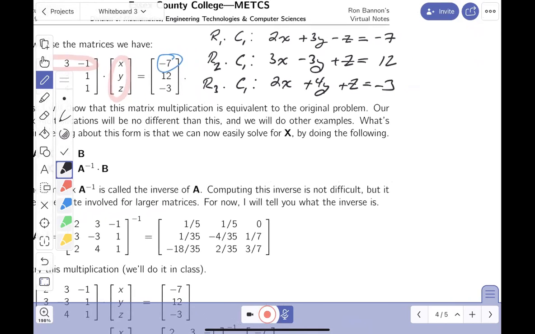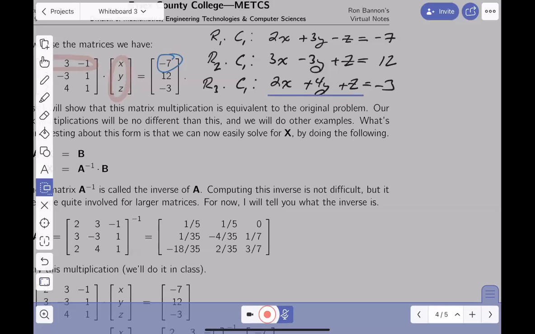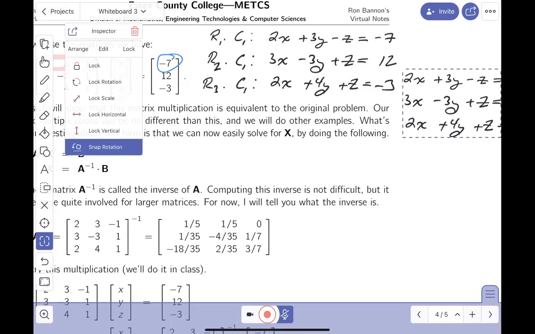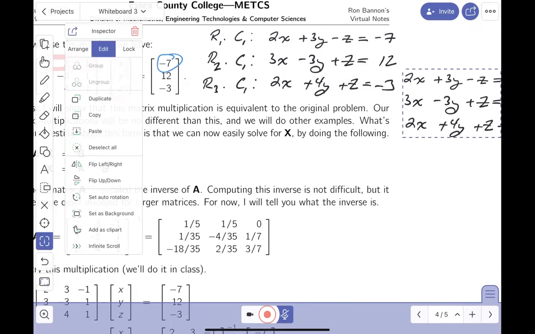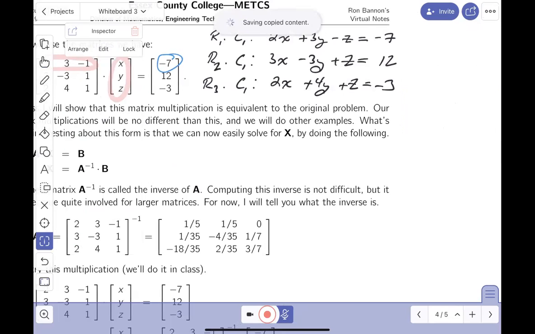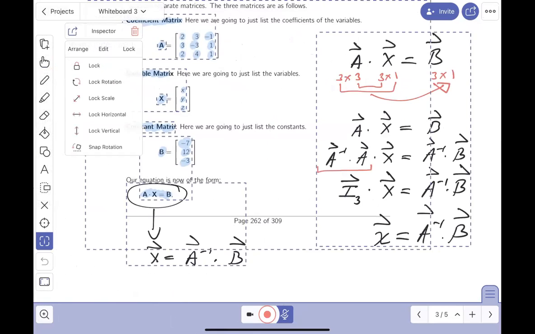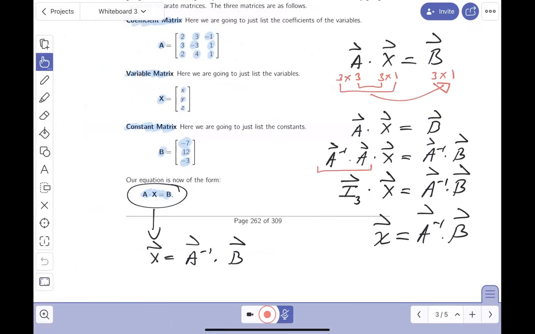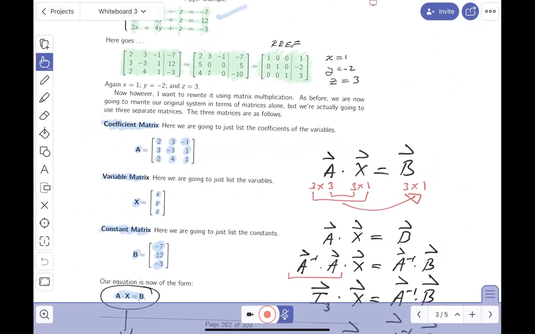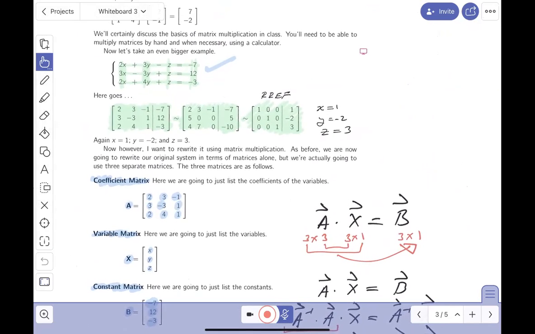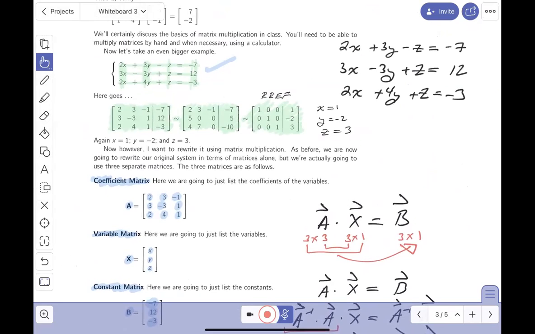All right, I'm going to copy this. This is what you want to do when you study. You want to go back to the prior page. And whoops, sorry about that. And I'm going to paste it right over here. Let's take a look.